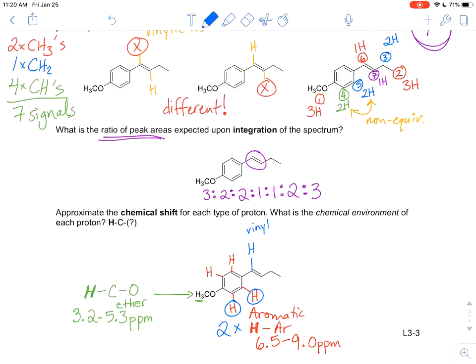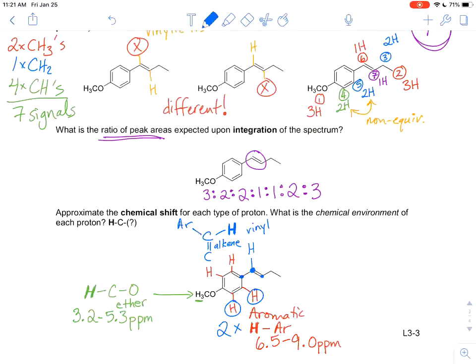Okay, so now we're at the one that I drew in blue, this vinylic proton. It can actually fit into a couple of different categories. This is where you'll be looking to see if there are groups two or maybe even three carbons away. This hydrogen is connected to a carbon which is involved in an alkene, so that's this carbon connected to that carbon. But the carbon directly connected to the hydrogen is also connected to an arene group, or rather an aryl group.